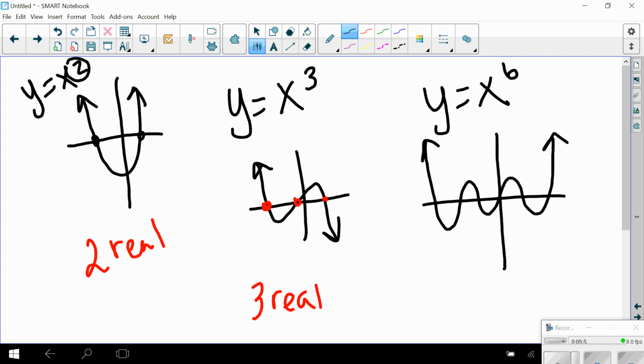Look at my turning points: 1, 2, 3, 4, 5. It's a sixth root, and end behaviors are going in the same direction. How many times does it touch your x-axis? 6. So I have 6 real solutions.